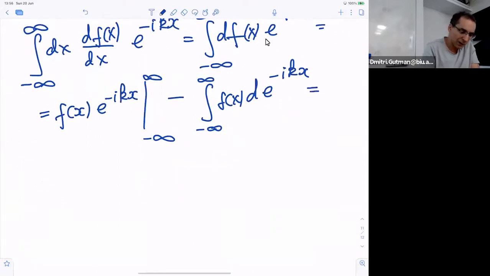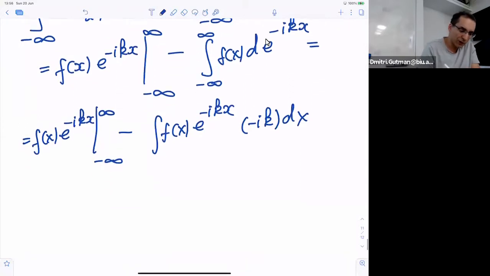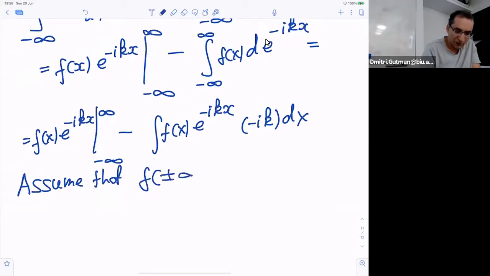So what it means that I have this guy at the boundaries: minus f of x e to the minus ikx times minus ik dx. Now assume for a second that f of plus minus infinity is 0, so the function f of x vanishes at the boundaries.